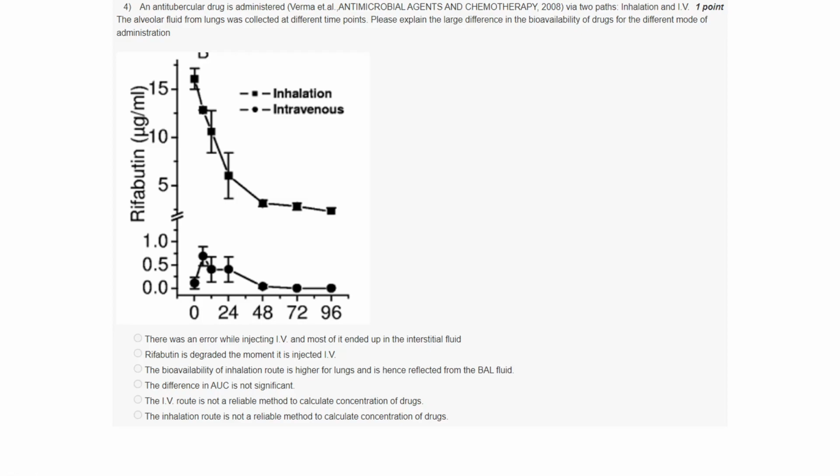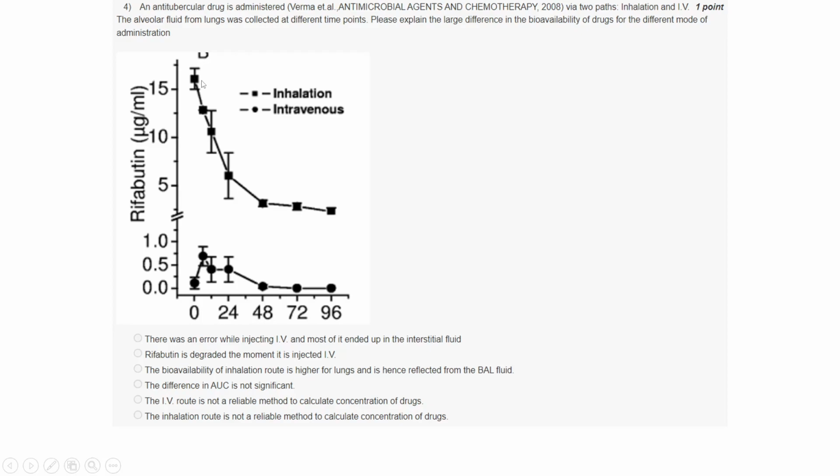Compared to that, when you are inhaling a drug, it has to pass through a longer route. You inhale it through your nose, it passes through your trachea, then goes to your lungs, then to the alveolus, and then it is reflected in the alveolar fluid. So the route taken for a drug via inhalation is longer. That's why you don't see anything at the zero time point.